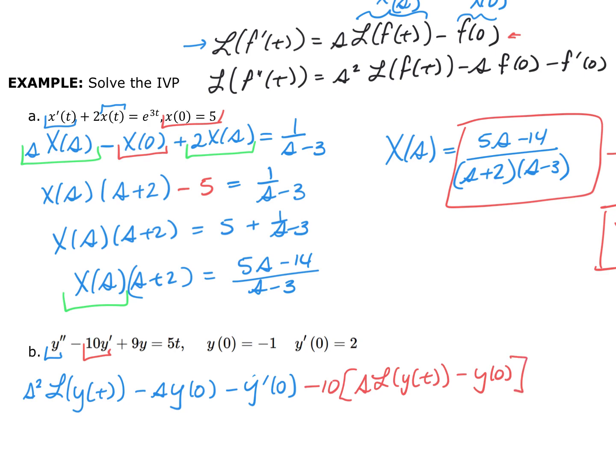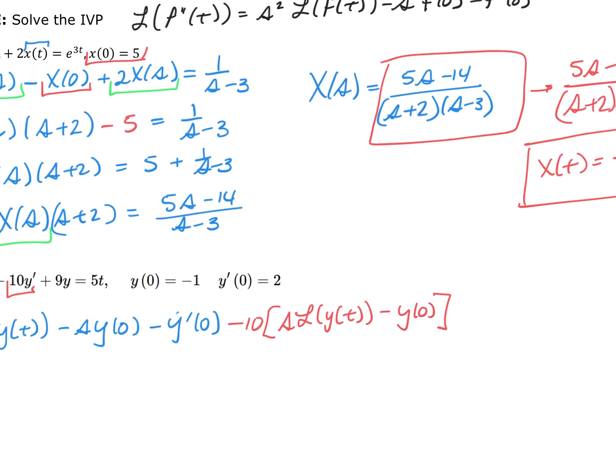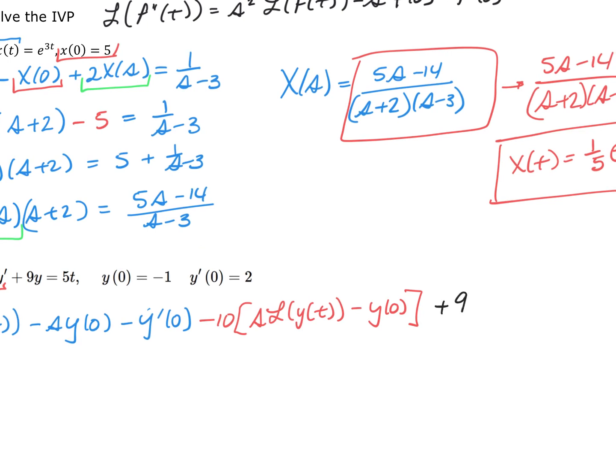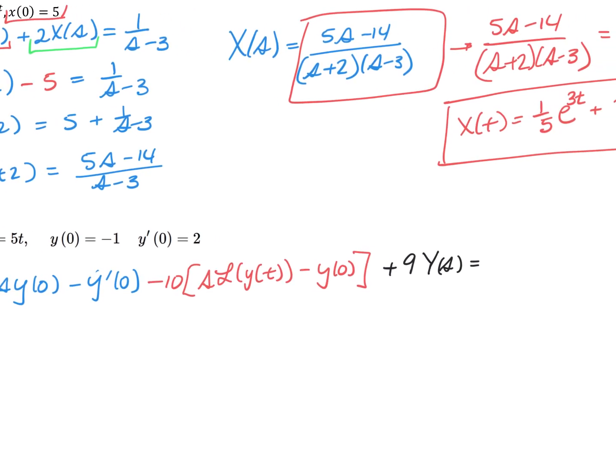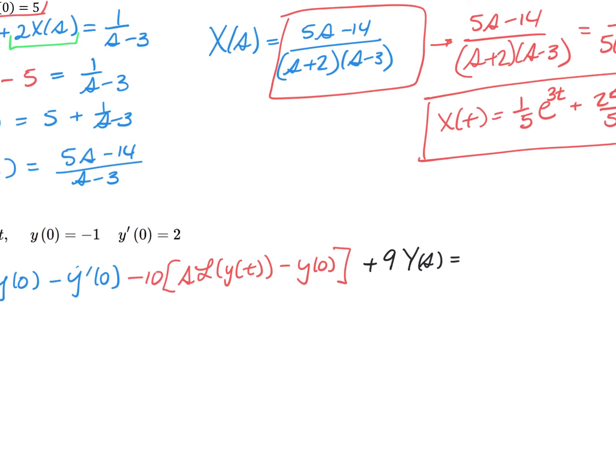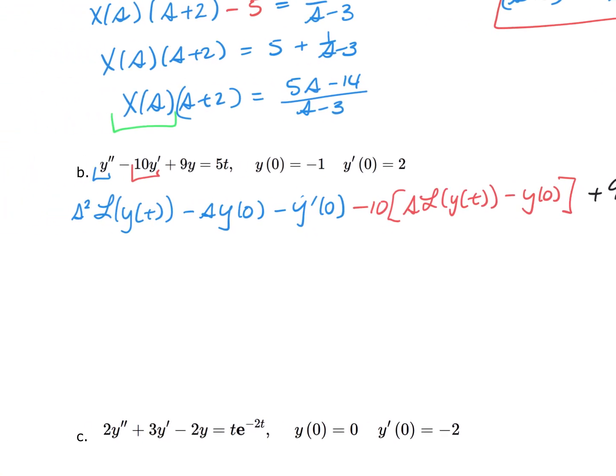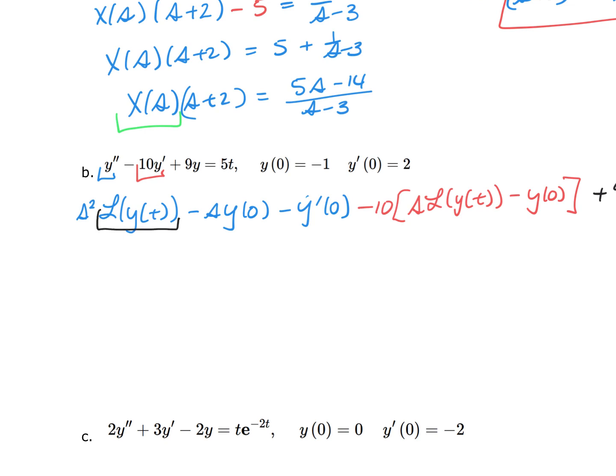And then I'm going to have plus 9 cap Y of s. Now, this is equal to 5t. So when I look up the t, I'm going to get 5 over s squared.